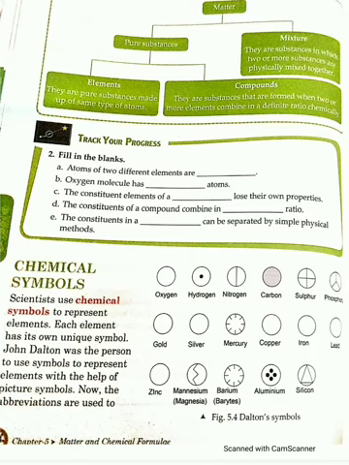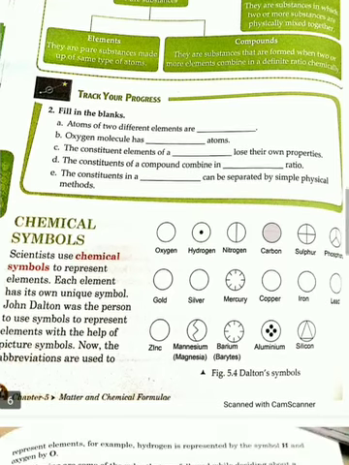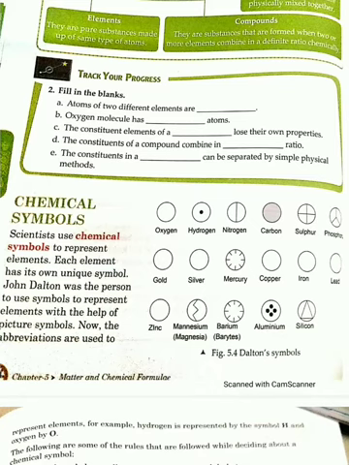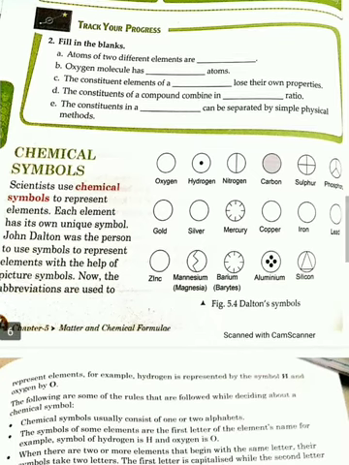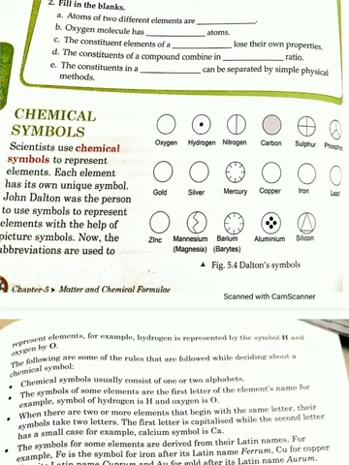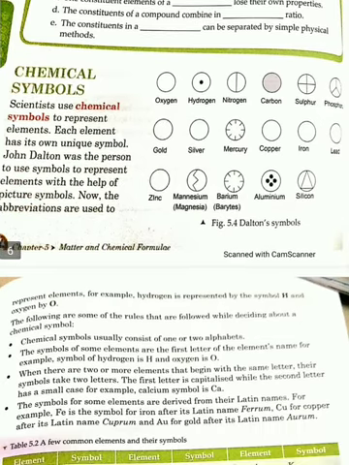Okay, so now the track your progress questions: atoms of two different elements are different from each other. Then an oxygen molecule has dash atoms. How many atoms does it have? It has 2 atoms. The constituent elements of a compound lose their own properties.